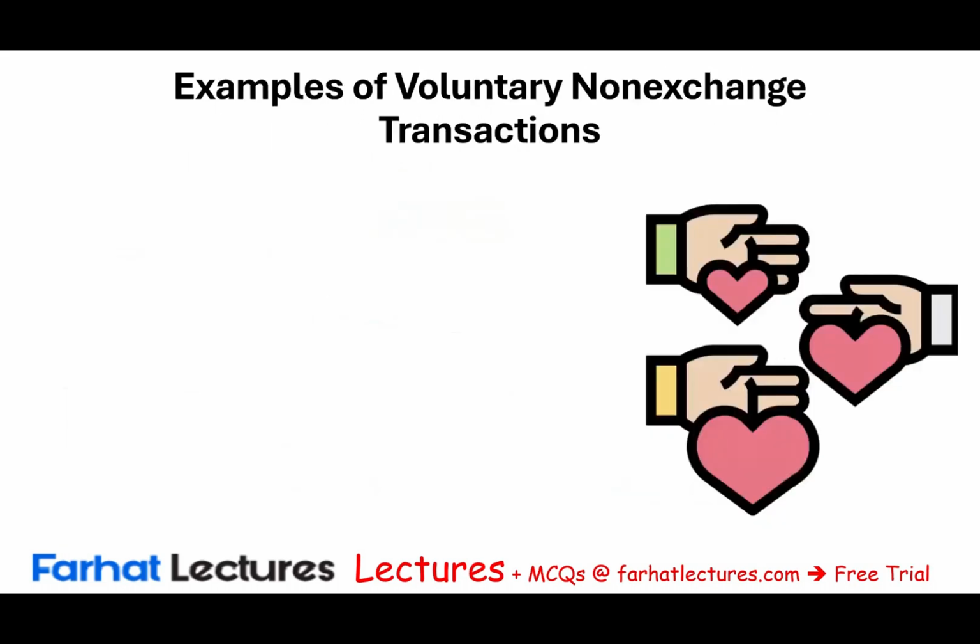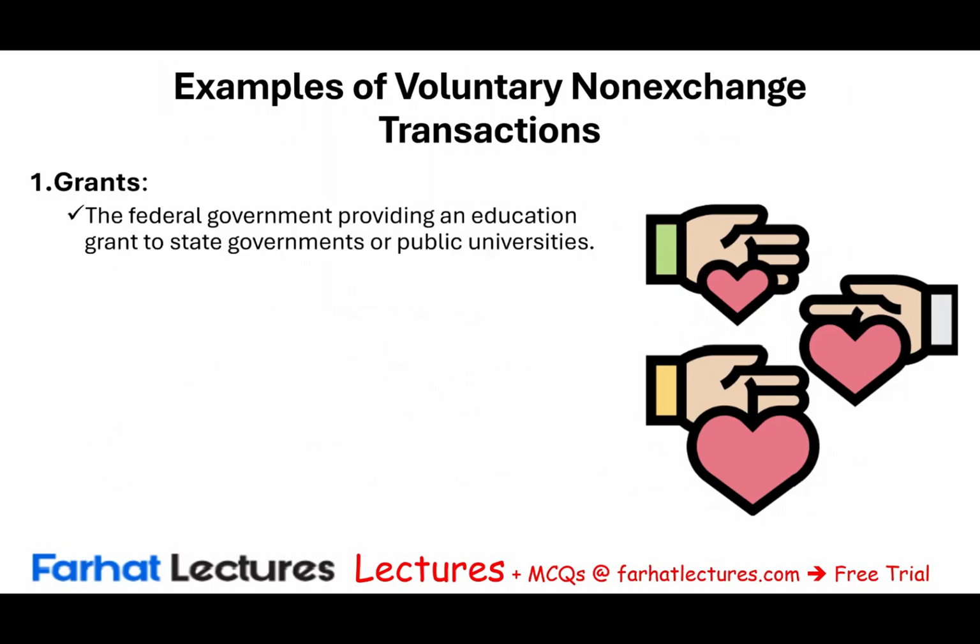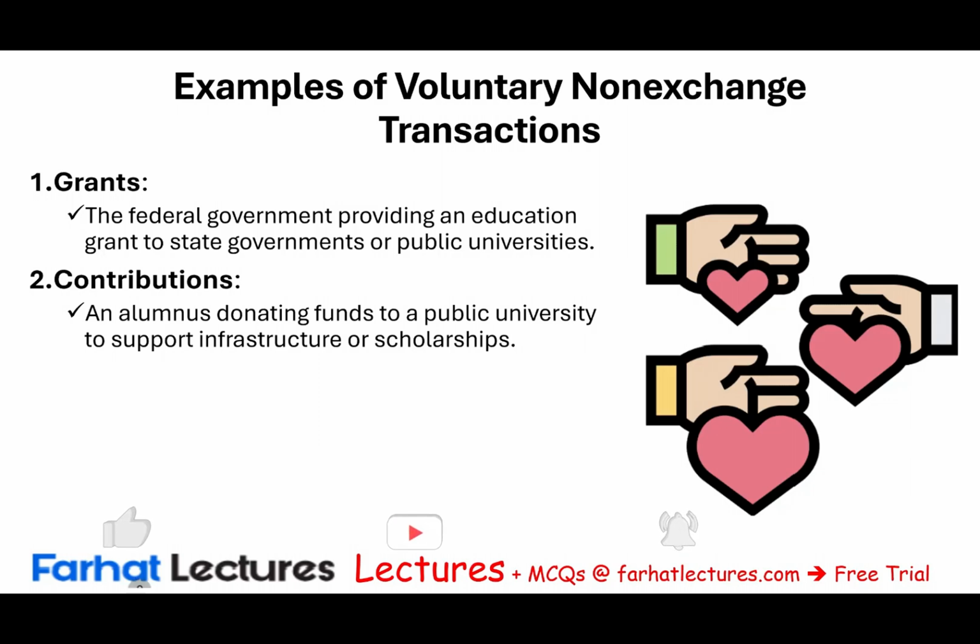So what are some examples of voluntary non-exchange transactions? Grants: the federal government providing an education grant to a state government or public university. Simply put, it's a grant. You do whatever you want to do with it. Use it properly. Now, can they put conditions? Sure they can, but those conditions are agreed between the two parties. Contribution: as we said, it doesn't have to be government.